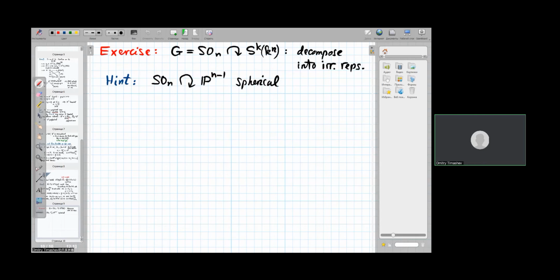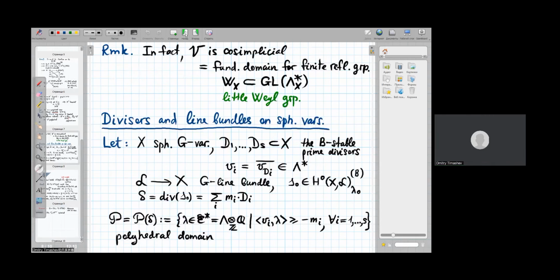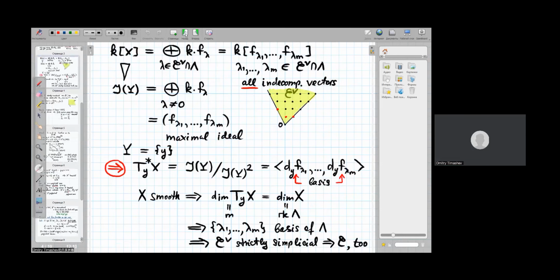The smooth implies strictly simplicial part. This part. Yes, this part. Well, when the dimension of the tangent space is equal to the rank, I think we only have that lambda 1 to lambda m is a basis of lambda tensor Q. I don't think we can conclude that it's a basis of lambda.